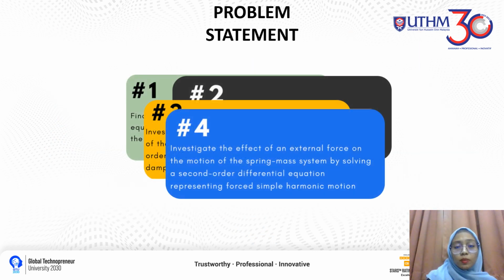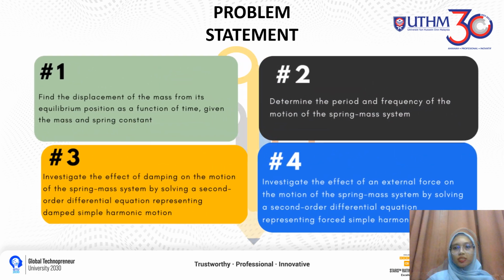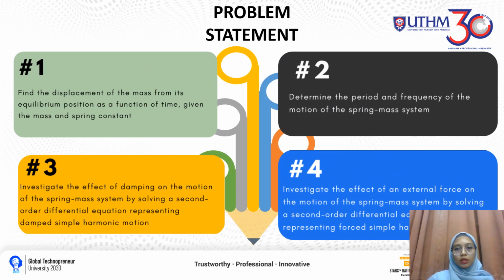Next is the problem statement, where we have found four main problems related to the modeling of spring mass systems. The first problem is to find the displacement of the mass from its equilibrium position as a function of time given the mass and spring constants.